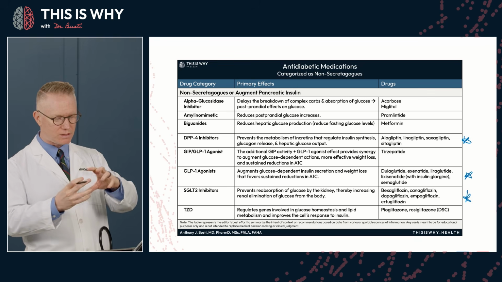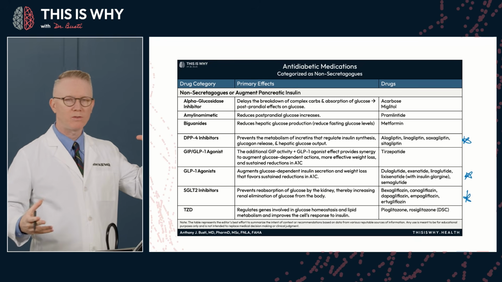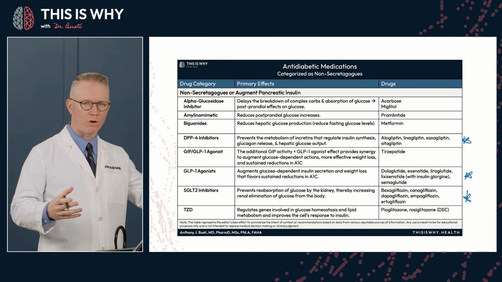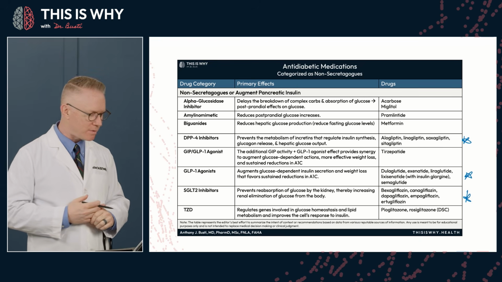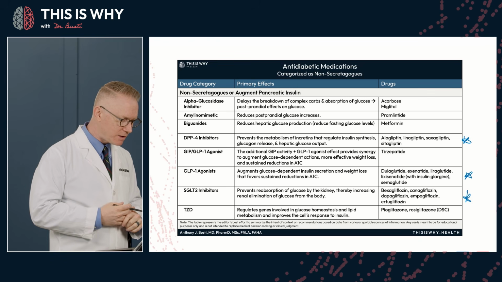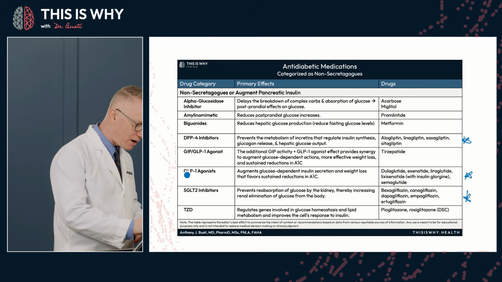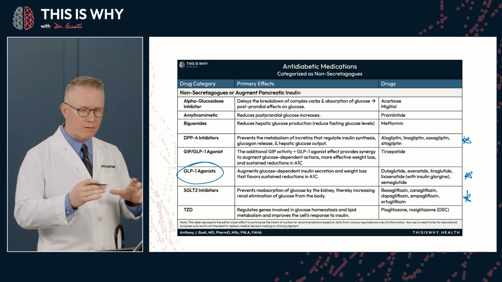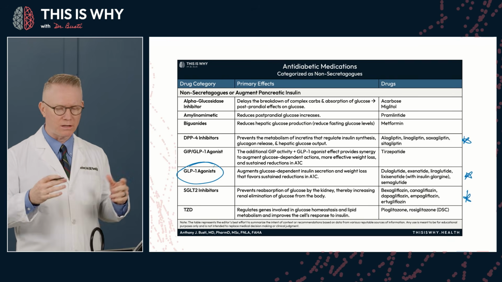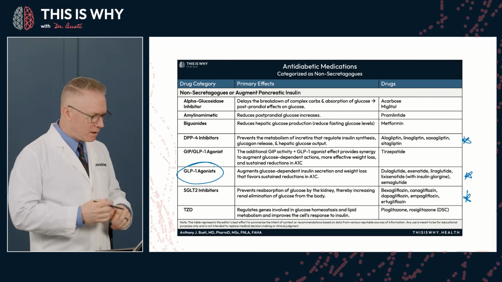Man, these classes have just grown because of their benefits on other comorbidities that seem to coexist in patients with this metabolic problem, right? And so our GLP-1s right here, and we do have a GIP/GLP drug, Tirzepatide. That's up here.